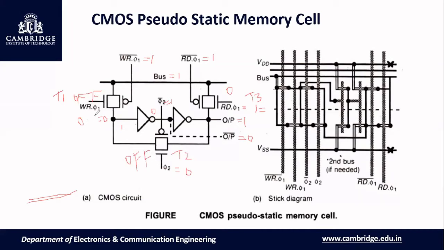Phi1 is made 1, RD is made 1, so that RD dot phi1 is 1. T3 is on, and whatever data you have in this output will be read down to the bus, and you'll get 1. Understood? So in this way, we can perform the read operation.